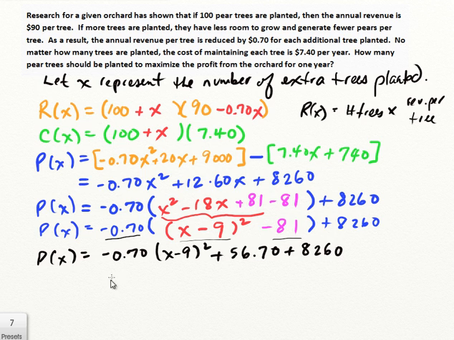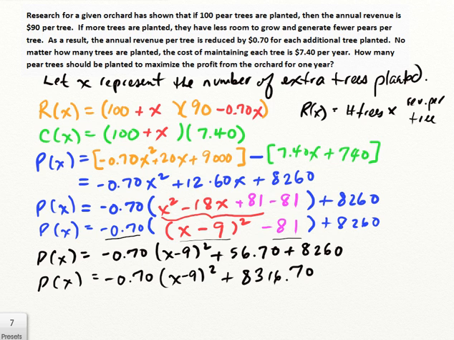So the final value, when I actually put all this together and we write it in our final vertex form, is (x minus 9) squared, and then plus, combine these two terms together, and we get 8,316 and 70 cents.